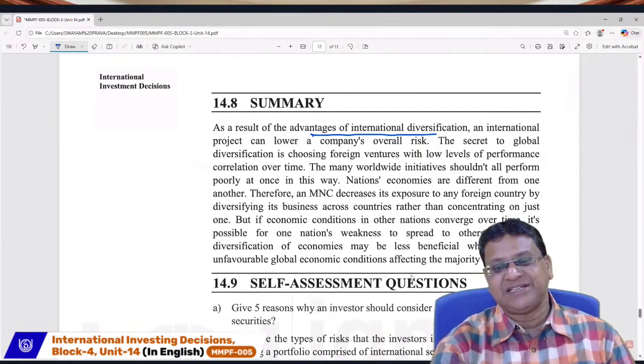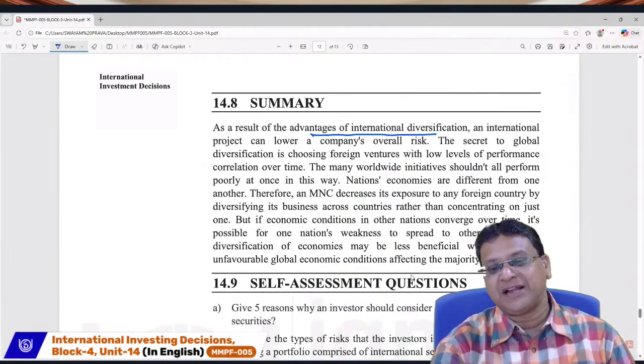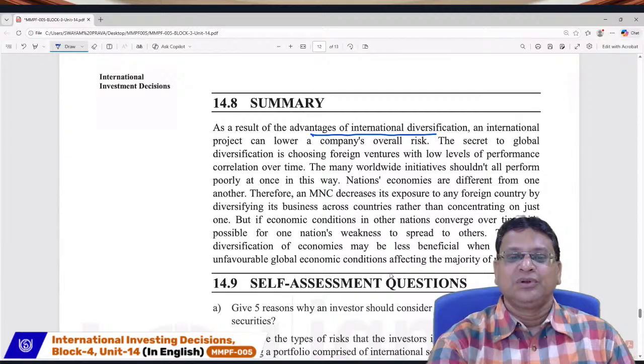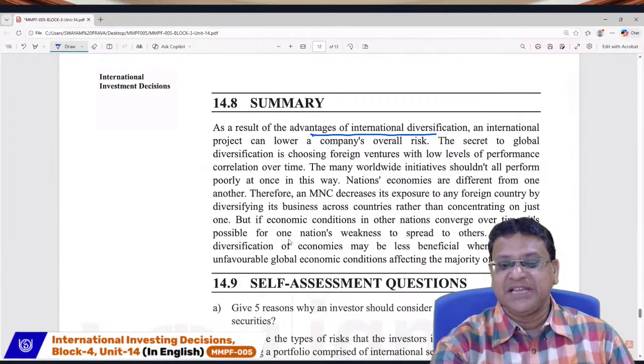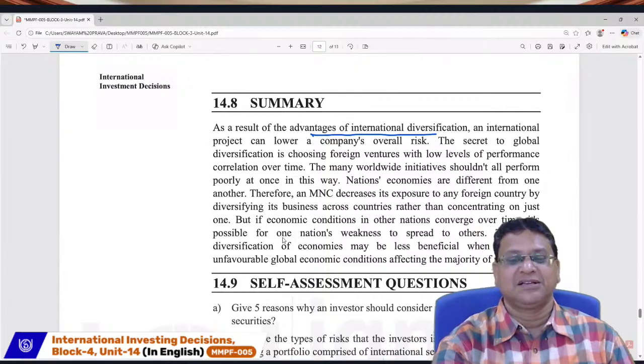One must invest in that country where the stock market return of your country and the stock market return of that country are less correlated. So international investments give some sort of risk hedging against country specific political risk.